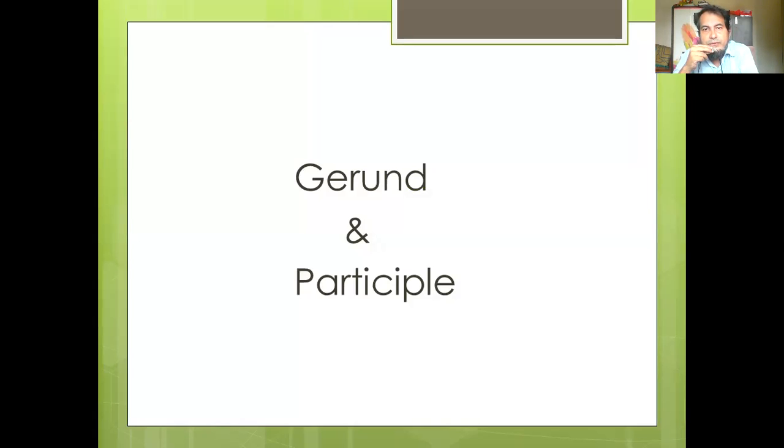Before we go to our textual discussion, I will discuss some very basic grammatical topics which you will need at your HSC level. So today's discussion is on gerund and participle. It is a very common topic, and I think you have studied these things at your SSC level. So today's discussion will clarify some of the ideas about gerund and participles.